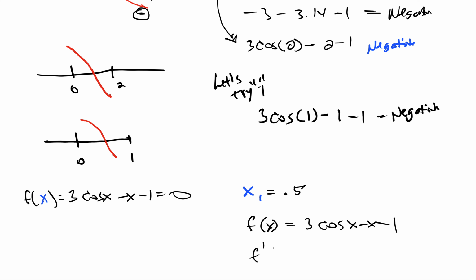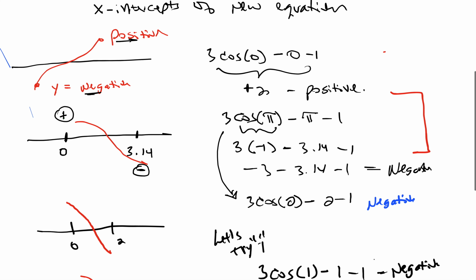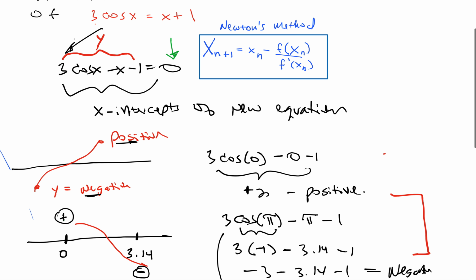We're going to say f prime of x equals, what? Okay, then we're going to use Newton's formula, which actually is really easy. So here, it's scary to read from a book, easy to use.